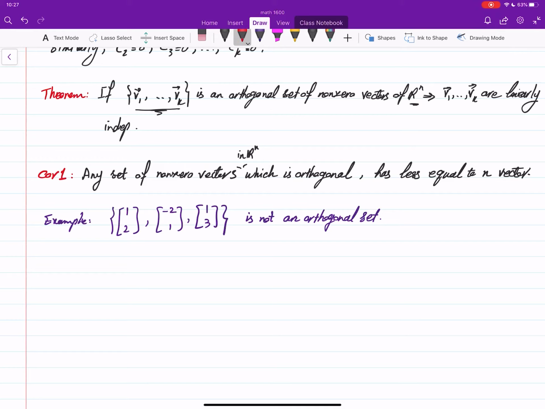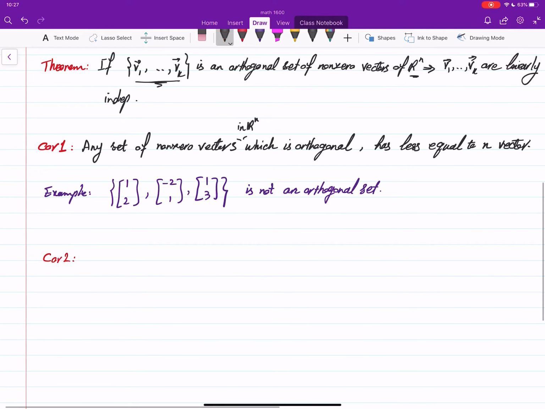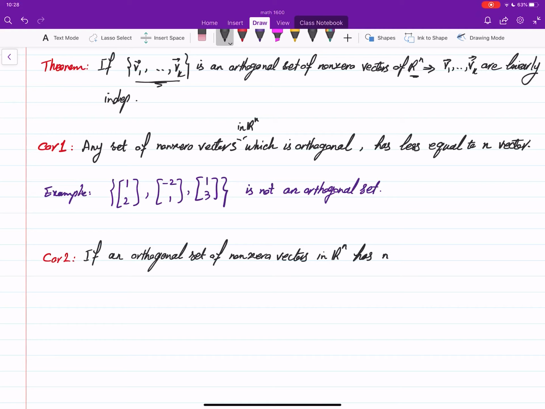The second corollary is that if an orthogonal set of non-zero vectors in Rn has n vectors, since we already know that they are linearly independent and we have exactly n of those, that means the set is a basis for Rn.